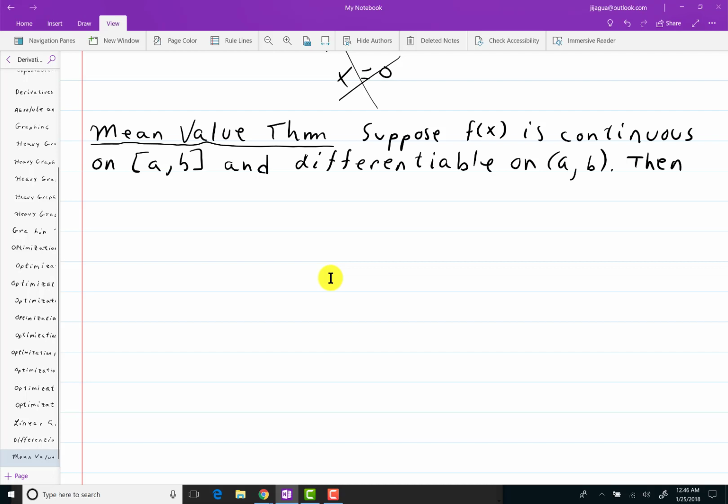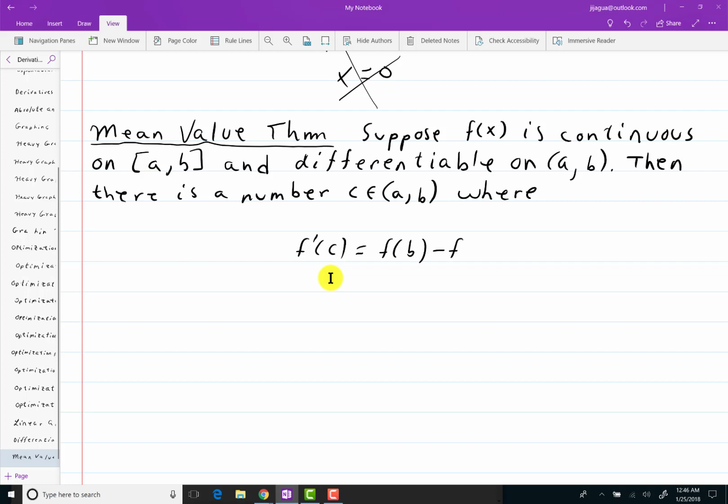Then there is a number C which is in the open interval AB where f prime of C equals f of B minus f of A all over B minus A.